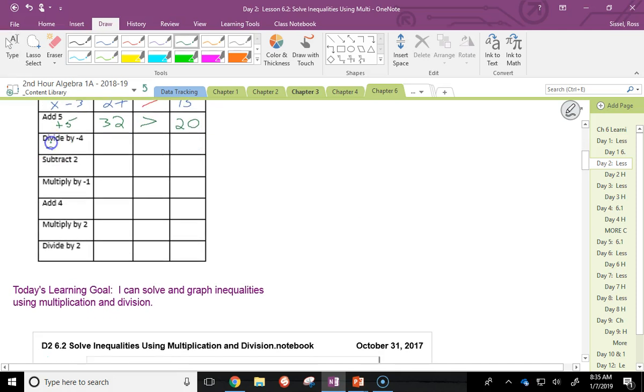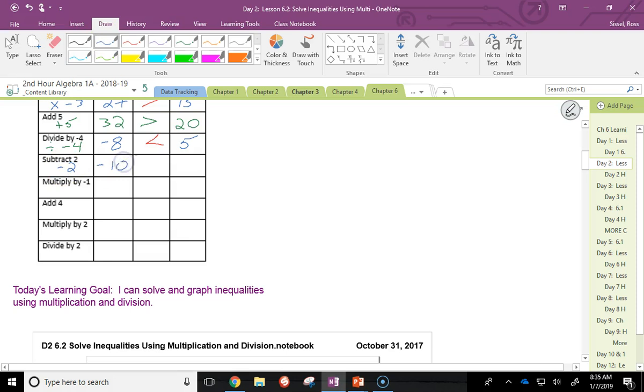I'm going to divide by negative 4. So when I divide by negative 4, I'm going to get negative 8 and 5. My inequality sign is, it flipped. It's now less than. I'm going to subtract 2 from each side.